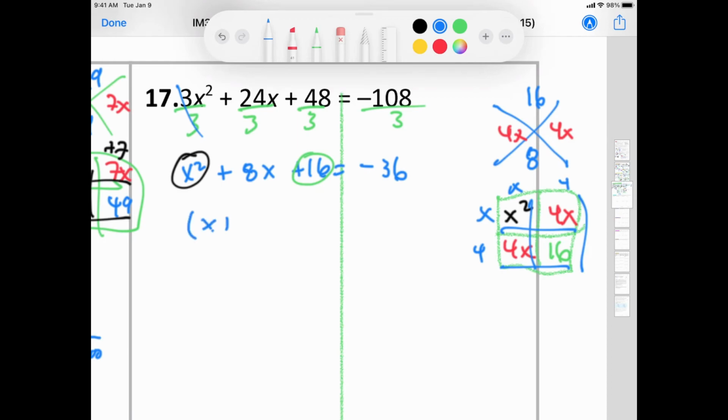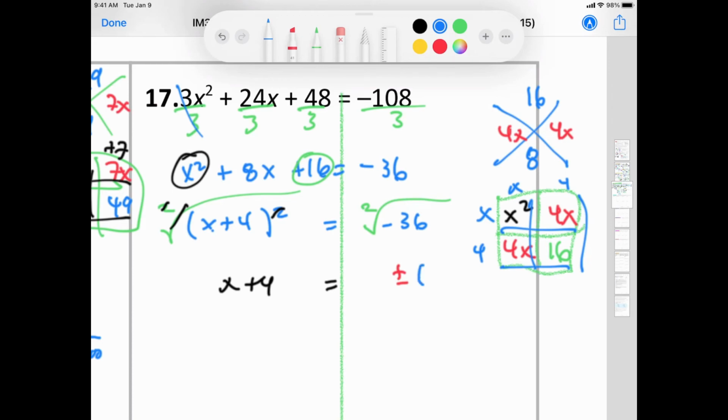So you're going to get (x plus 4) twice. And you take the square root of both sides, because it's isolated. Get your plus or minus. Remember that is just going to become 6i. And then subtract 4.